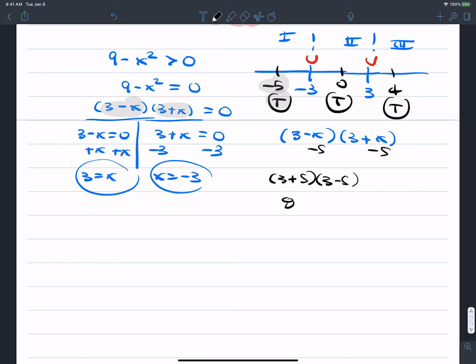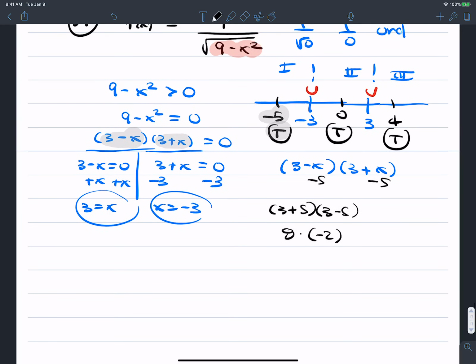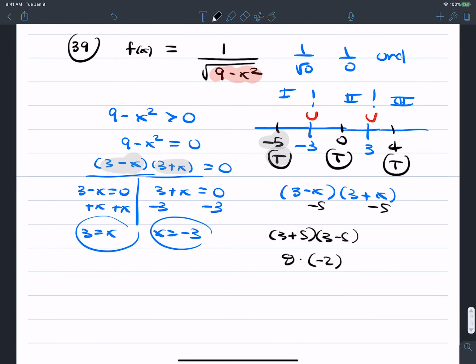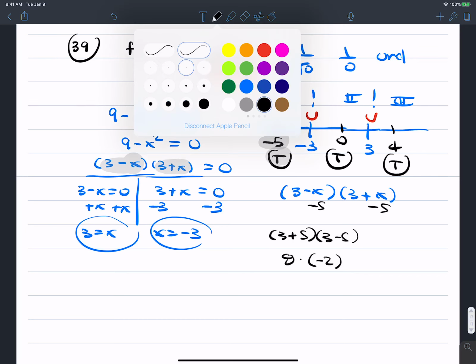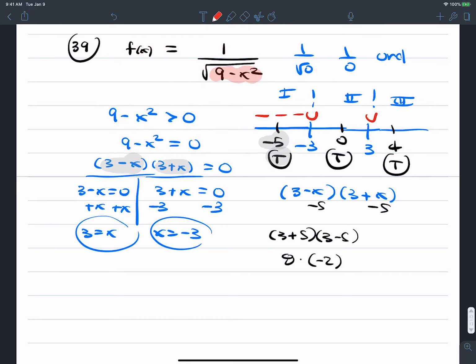So I get 8 times negative 2 here. So be very careful with your arithmetic with this question. Positive times a negative now gives us a negative region 1. So this is the first time you might have seen that kind of thing after a lot of these questions. We had a few that were this way. So it's not always a pattern of positive, negative, positive. You might find negative, positive, negative. So be careful. Go through the procedure.